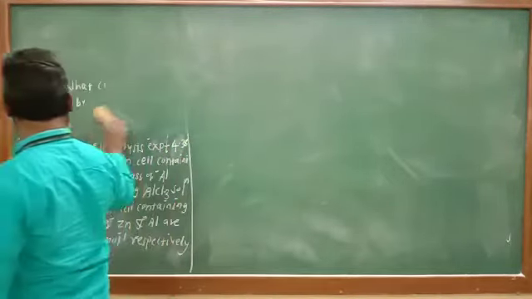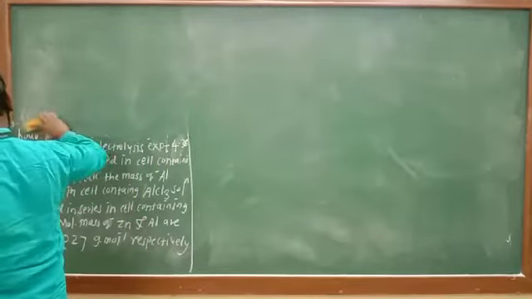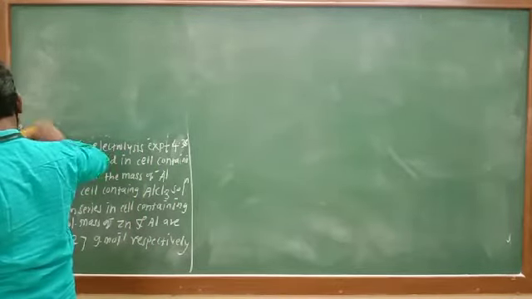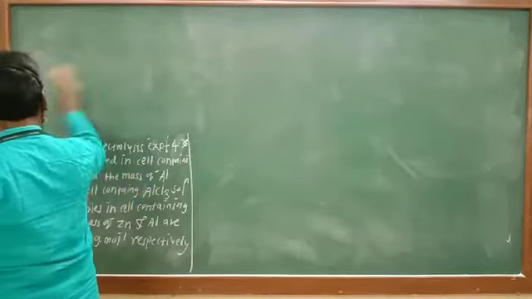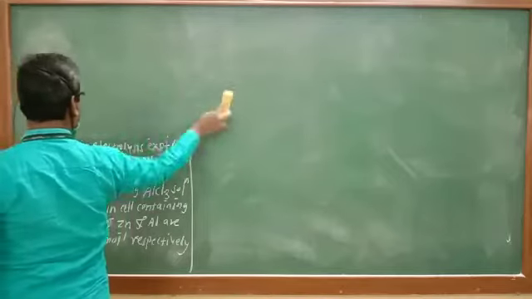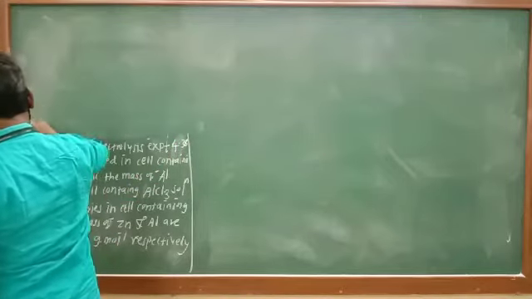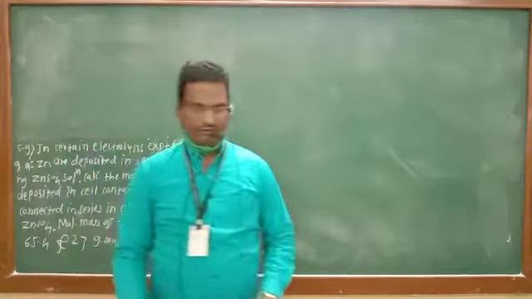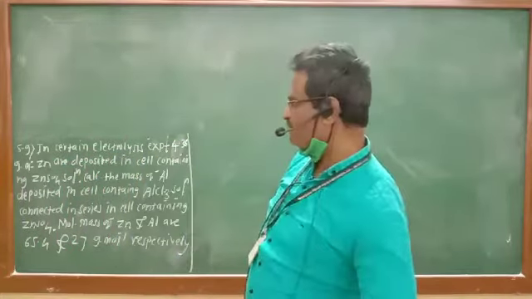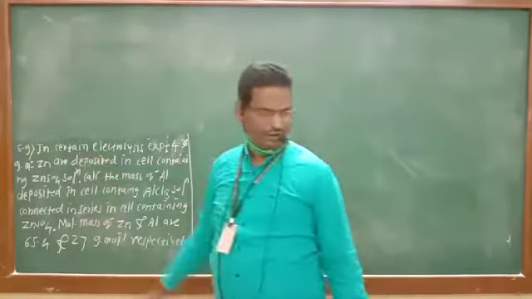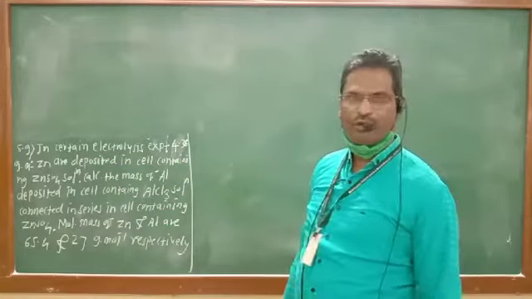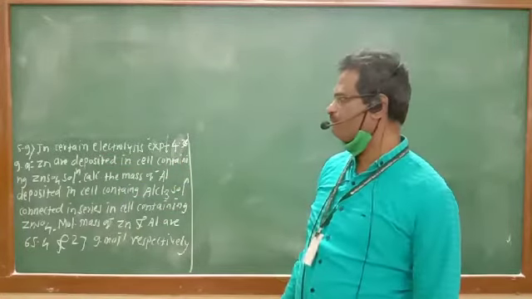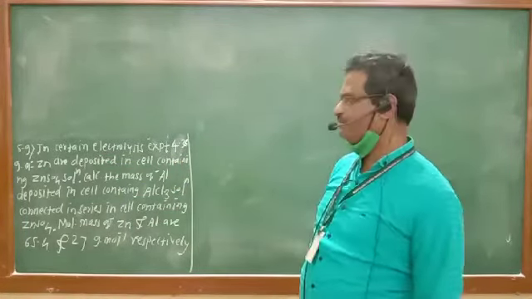That problem, how to solve, I am telling you the method. You can find out the answer. That is written as problem number 5.9 on page number 102. Already they have given the solution also, but I am explaining it once again.